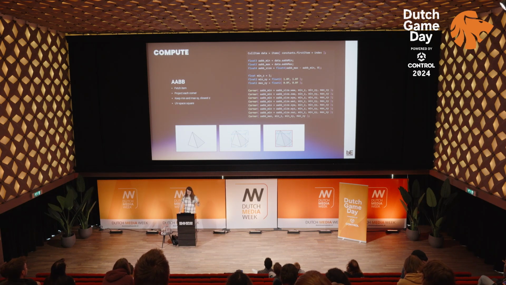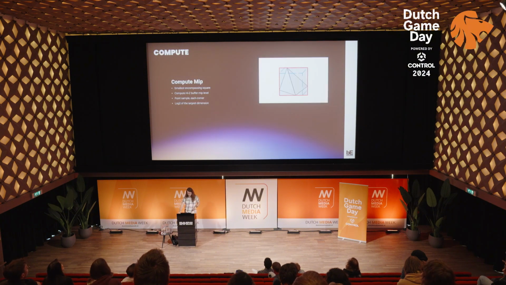Using this data, we can compute a UV space square, which we can use to sample the depth buffer, which is shown in the image below, and we'll end up with the square on the far right. So using the square, we effectively have the smallest encompassing square in 0 to 1 UV space.